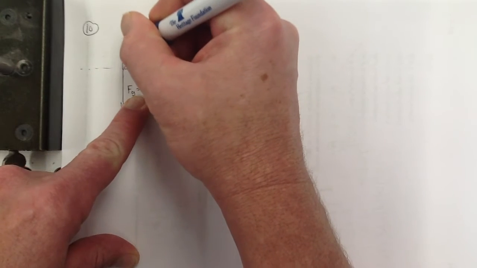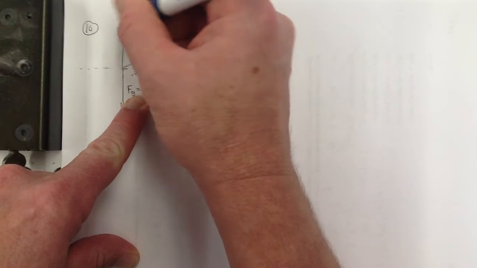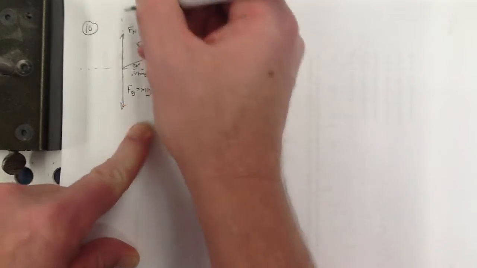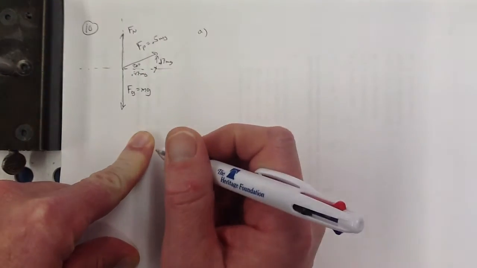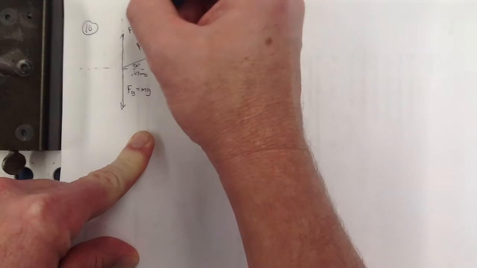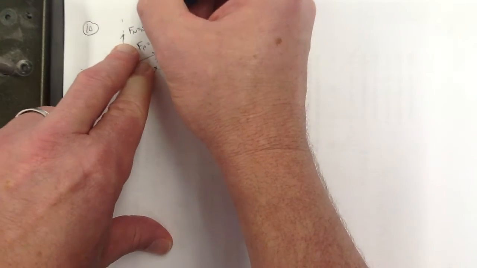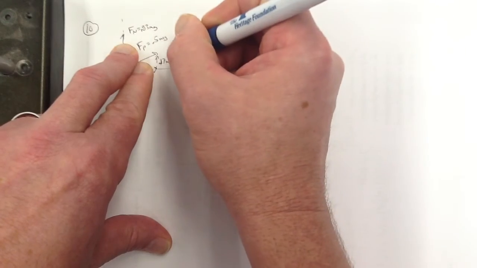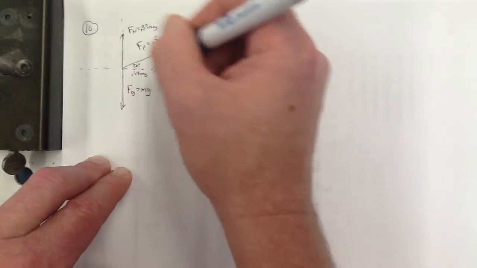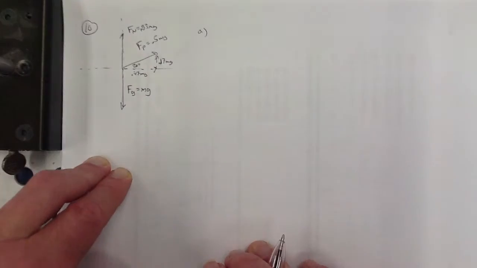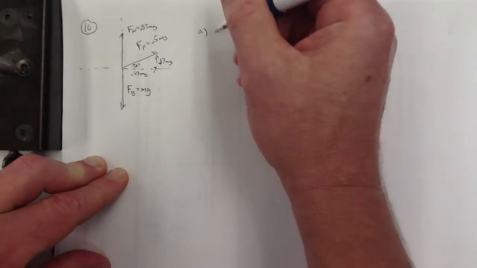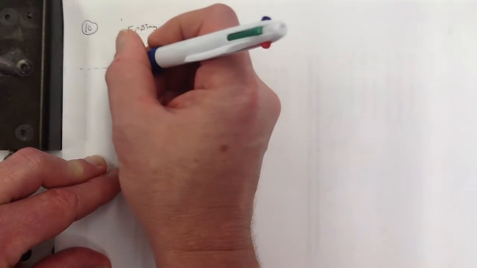The normal force is whatever it needs to be to balance out forces along this direction. So that's going to have to be 0.83 mg, because a 0.83 mg and a 0.17 mg will add up together to balance this.